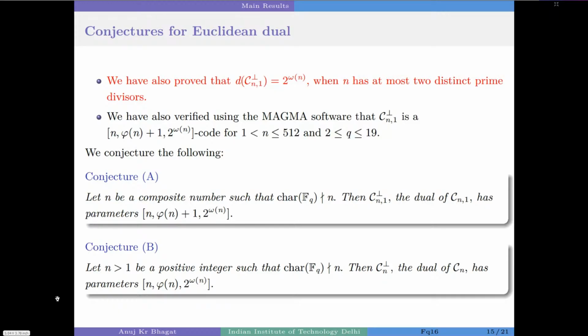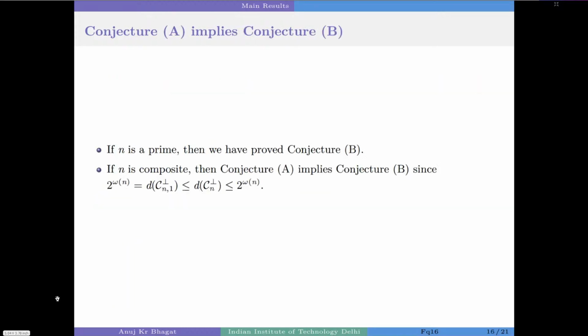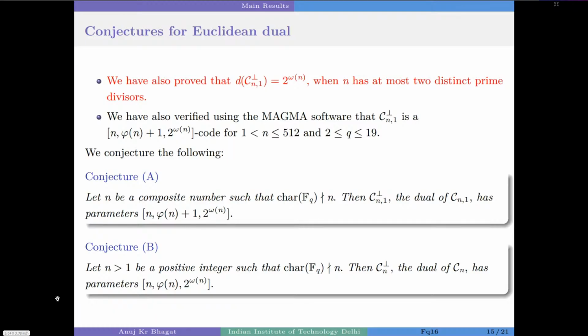However, one of the conjectures will imply the other. So conjecture A actually implies conjecture B, and here's a very simple proof. If n is a prime, then we have already proved conjecture B, and if n is composite, then conjecture A implies conjecture B due to the following inequality. So the only task that remains is to prove conjecture A, and it is still open.